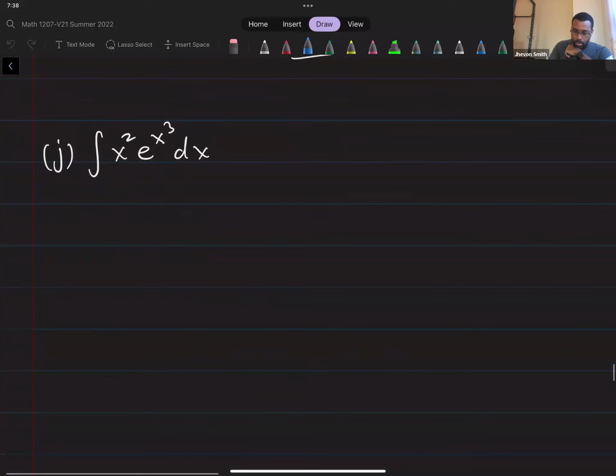What about this one? What is the u and dv here? What are the parts?